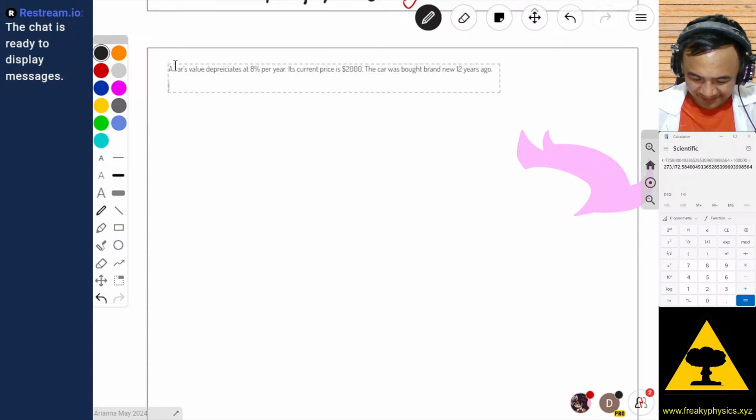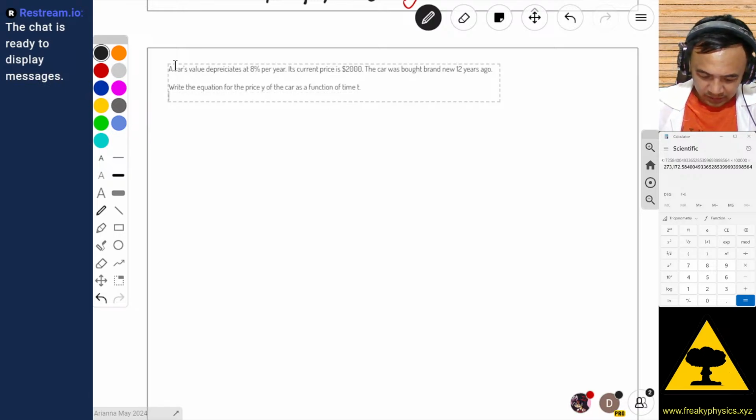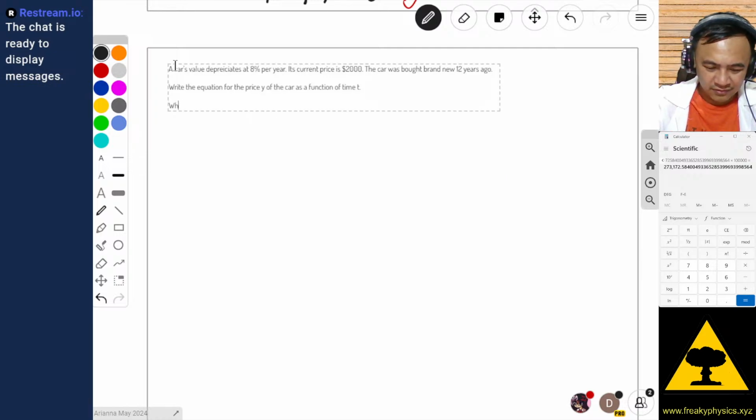So the question now is, first, write the equation for the price y of the car as a function of time t. And then the second one is what was the original price of the car when bought.